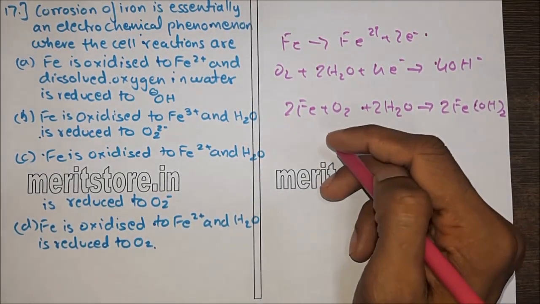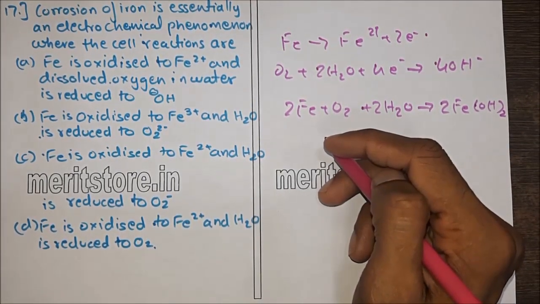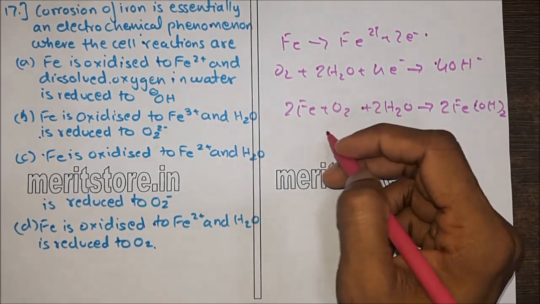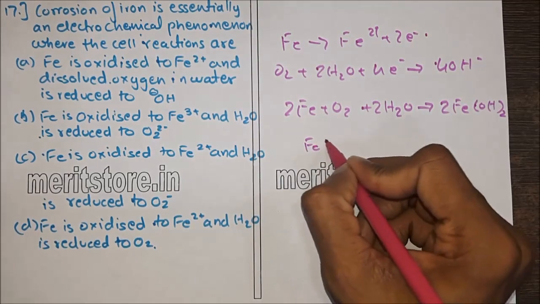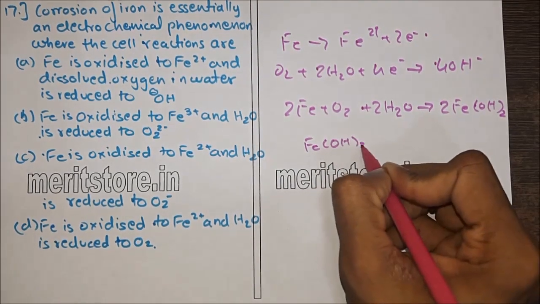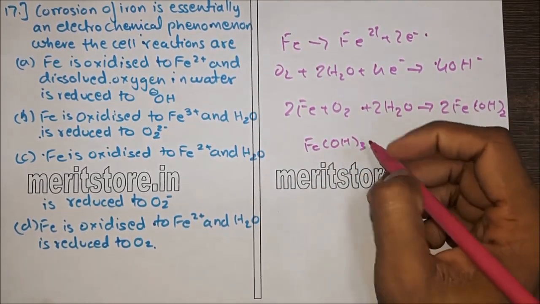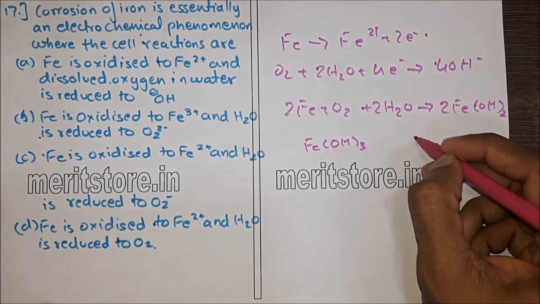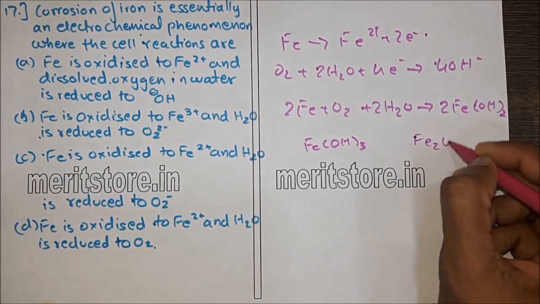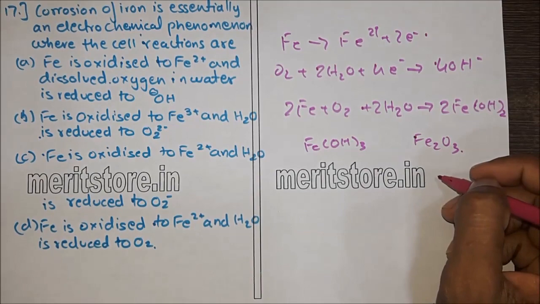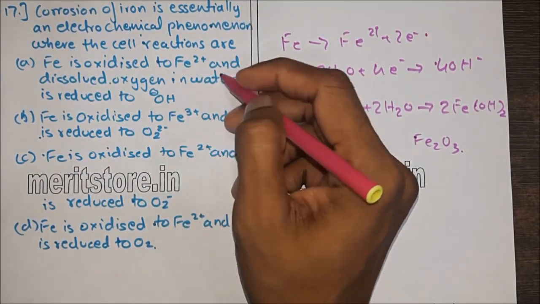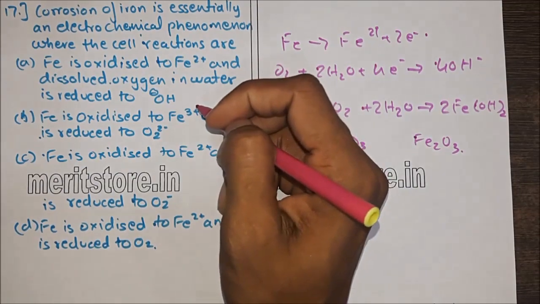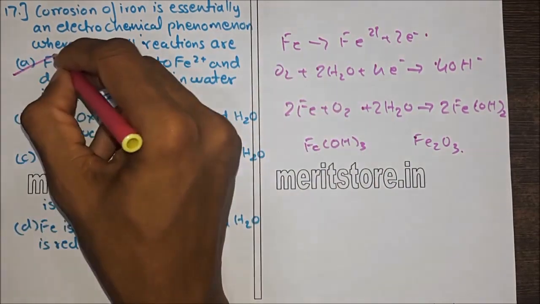Iron hydroxide may be dehydrated to iron oxide or further oxidized to Fe(OH)3 and then dehydrated to iron rust, that is Fe2O3. Therefore, option A, that is iron is oxidized to Fe2+ and dissolved oxygen in water is reduced to OH minus, is the correct answer.